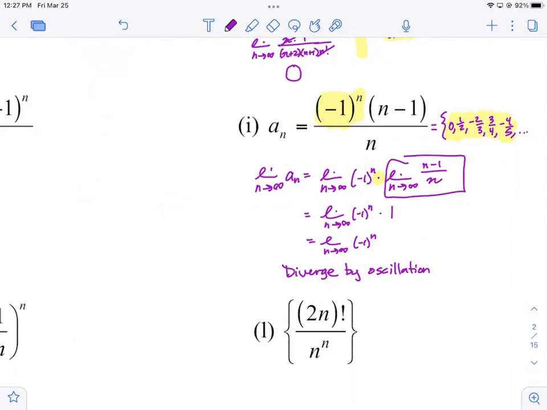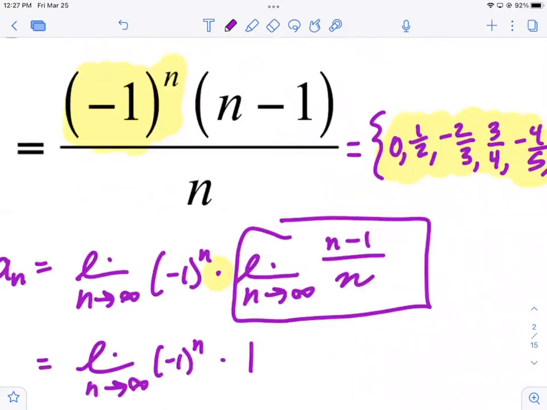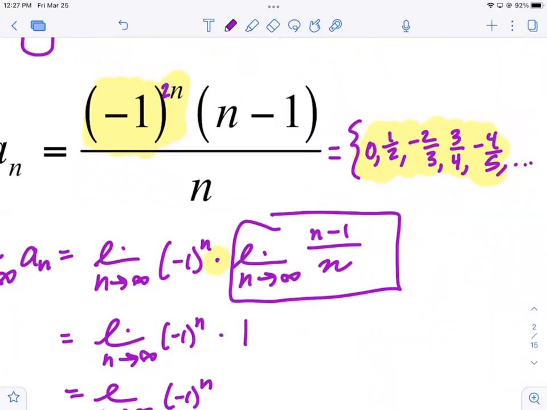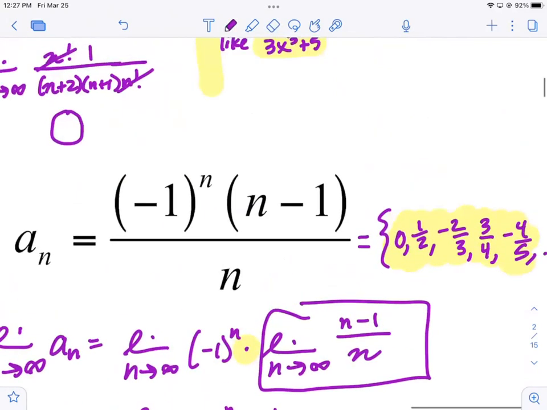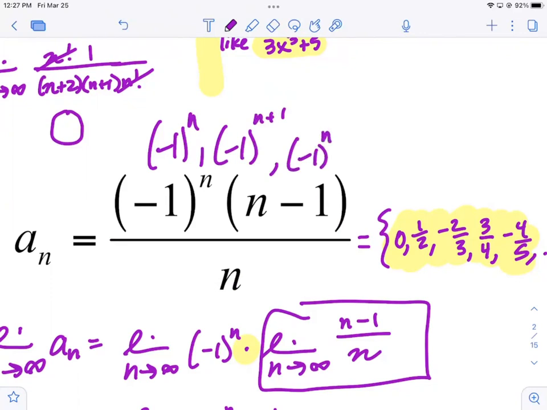When you see a -1, not quite, because what if this were to the 2n? That changes it. Or 2n plus 1. So there are different versions where they're trying to be sneaky, but the standard alternators are -1 to the n, -1 to the n plus 1, -1 to the n minus 1. These are the same.